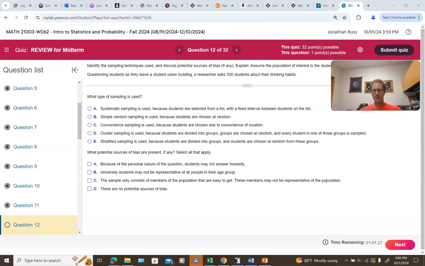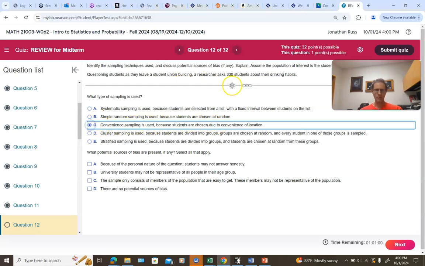Well, usually things like this, guys, this is an example of convenience sampling, because the students are chosen due to convenience of location. So there's no real effort being exercised here to try to preserve the integrity of the sampling process.